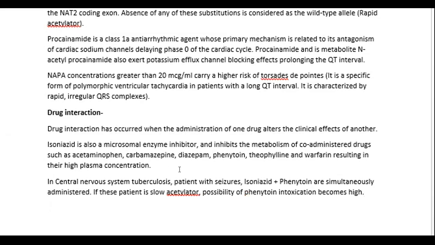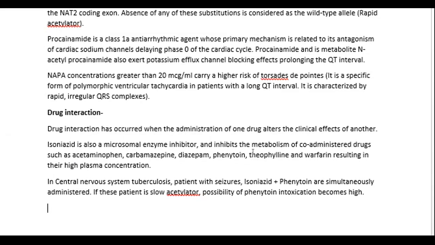So what does this drug interaction with isoniazid mean? Isoniazid prevents the metabolism of all these drugs by blocking their enzymes. So if it is given with these combination drugs, their metabolism will be decreased and their drug concentration will be increased in the blood.